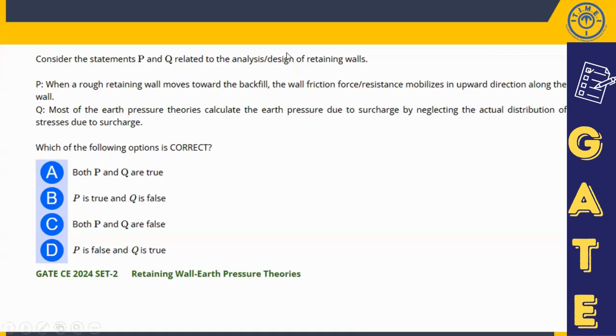The second statement states: most of the earth pressure theories calculate the earth pressure due to surcharge by neglecting the actual distribution of stress due to surcharge. It's a two-mark question in GATE 2024, which is focused on the topic retaining wall and earth pressure theories of geotechnical engineering subject.